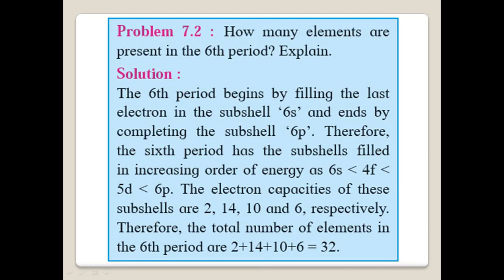Okay, the electron capacities of these subshells are 2, 14, 10, 6. Therefore the total number of elements in the sixth period is 2 plus 14 plus 10 plus 6, so 32 elements are there in the sixth period.